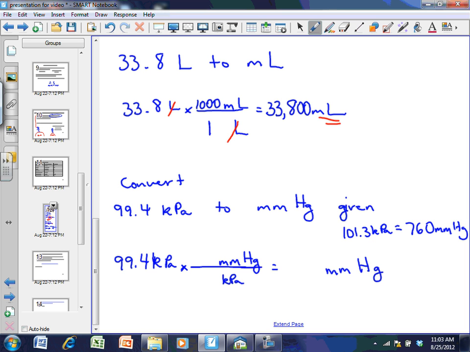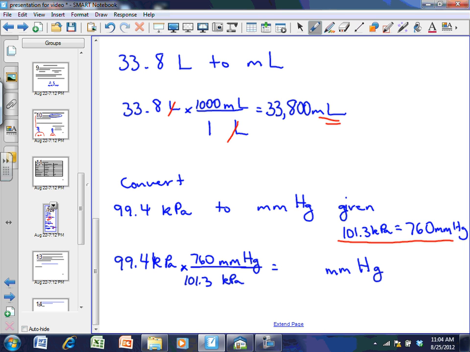So you haven't even done gas laws and you can convert. It's not a problem. Now I multiply by the conversion factor, and I gave you the conversion factor in the problem: 101.3 kilopascals equal to 760 millimeters of mercury. So what do you type in on your calculator?